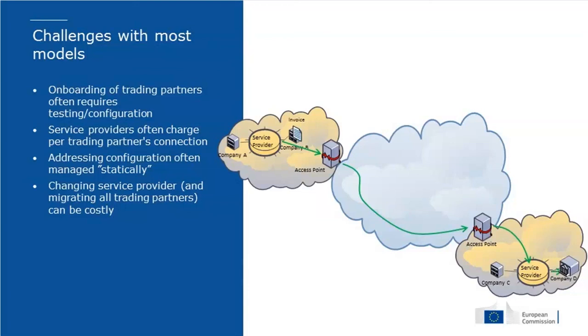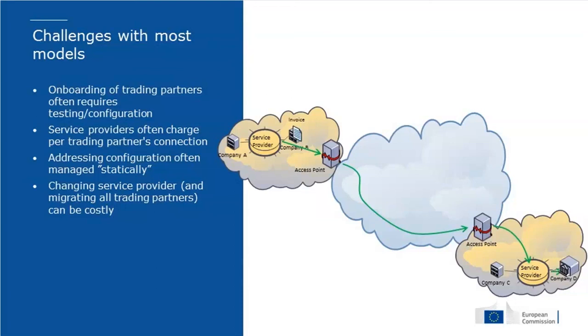Traditionally in the four-corner model, all the addressing and the onboarding and the technical things that are necessary to connect a specific buyer with a specific seller are statically configured. So it's a one-time configuration you do when you set up a new trading partner.